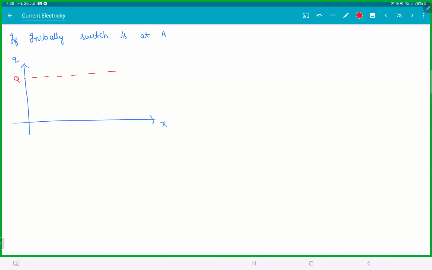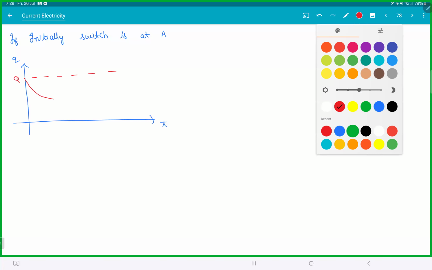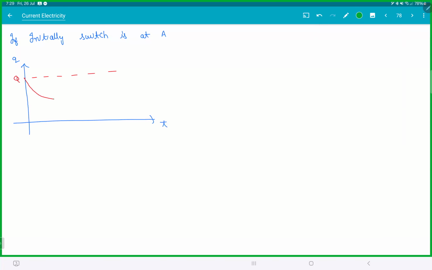You're already full, you will discharge. You will actually start going down. You will increase, but you can't reach up again. You will tend to zero.